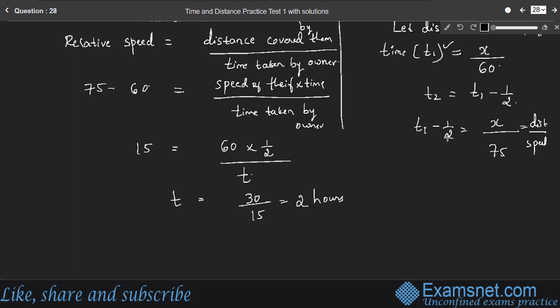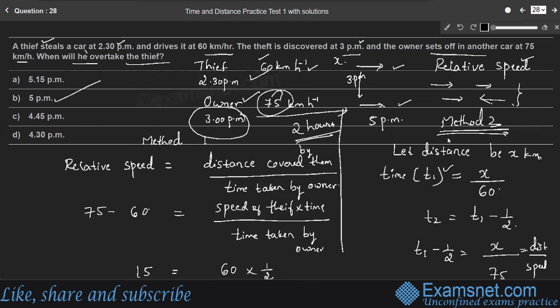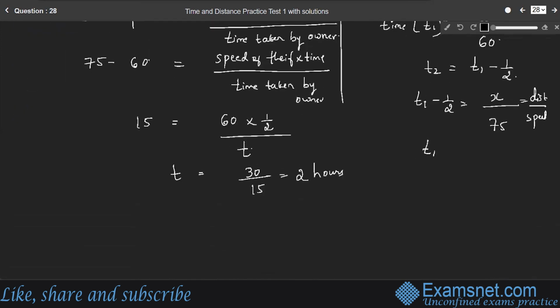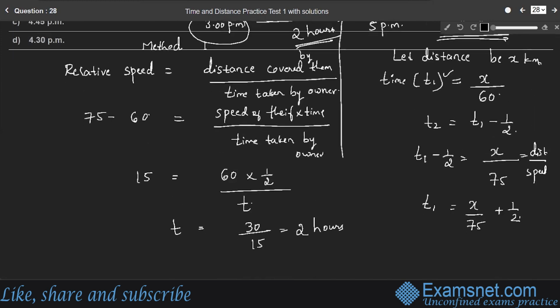When will he overtake the thief? The question is, when will he overtake the thief? T1 becomes x by 75 plus half an hour, whereas T1 is x by 60.